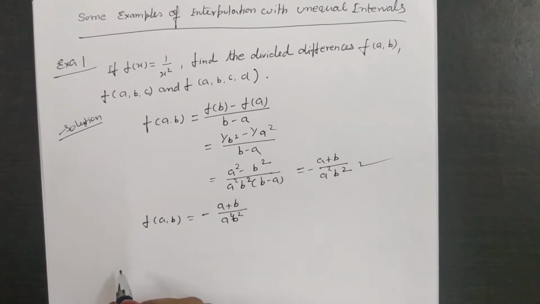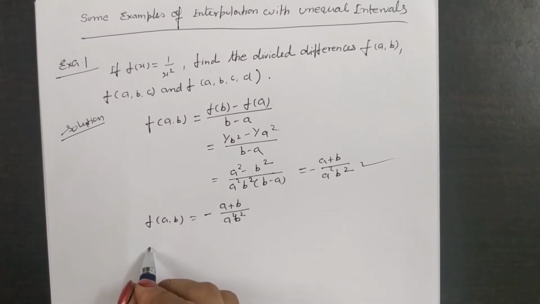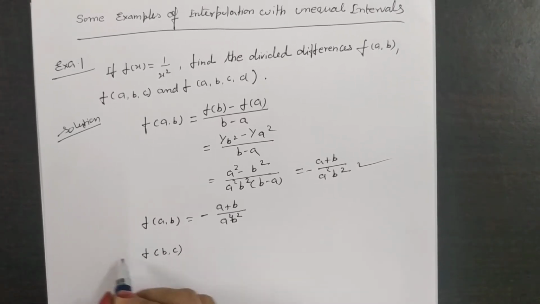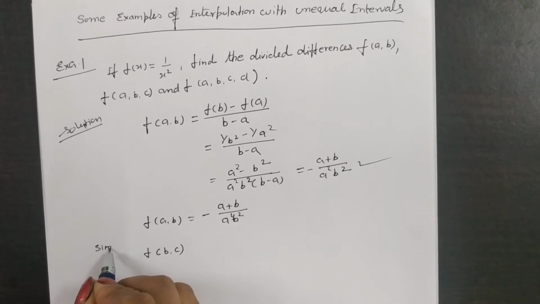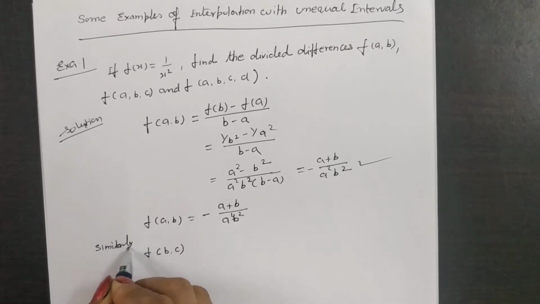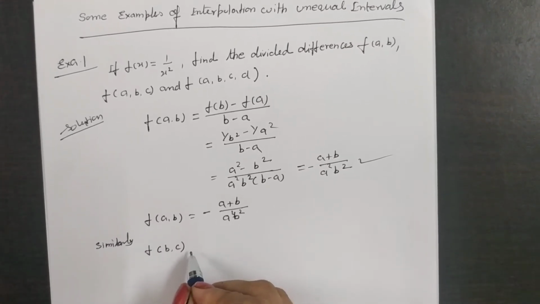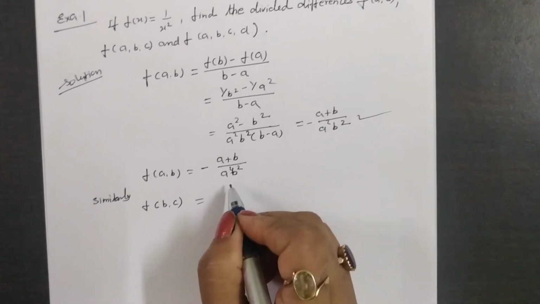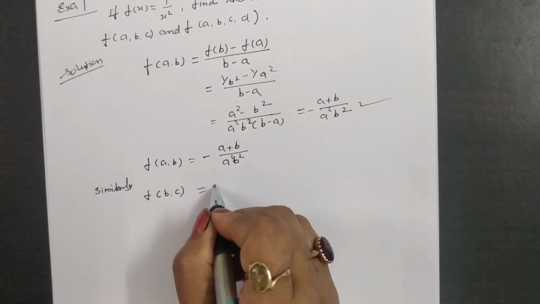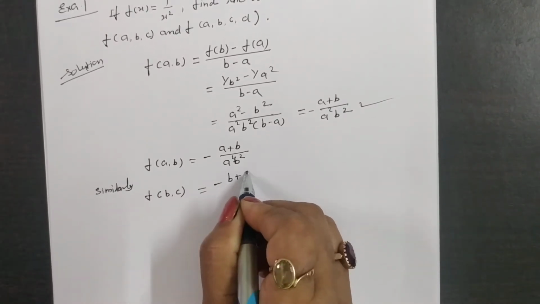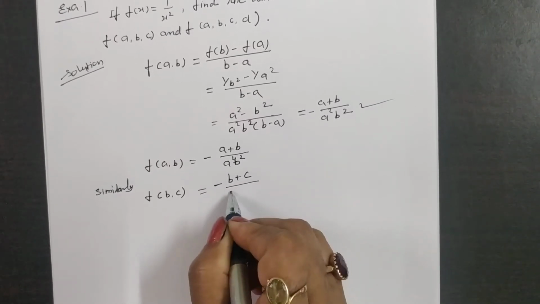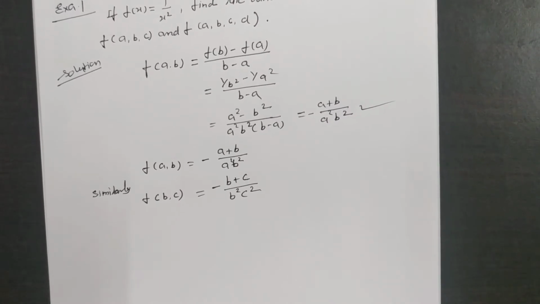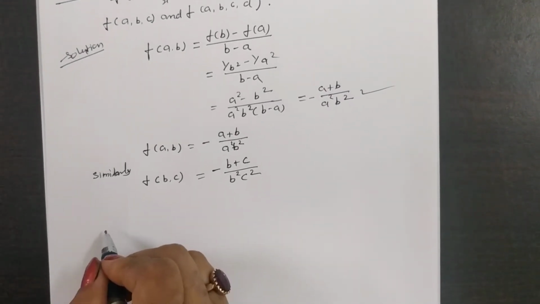Similarly, you can find f[b,c]. In the same way you can calculate, this value is minus of b plus c divided by b square c square. Clear? Now you find the value of f[a,b,c].